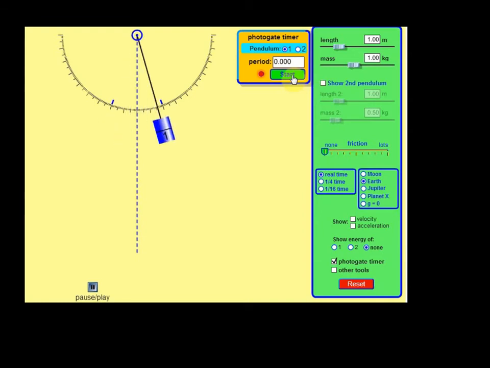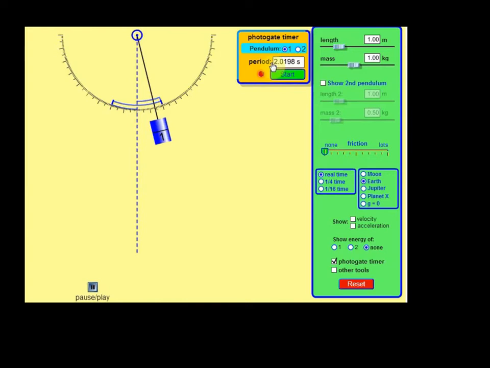This simulation has a slightly different feature. You'll notice that it measured the time it took to go from here to there, and back. It just measured one complete oscillation, one complete cycle. And the time it measured was 2.0198 seconds.